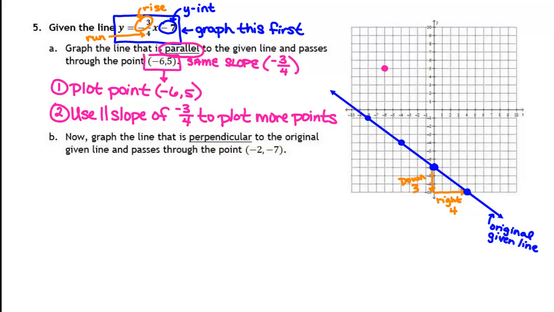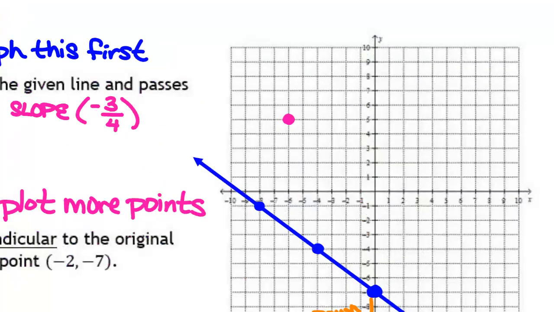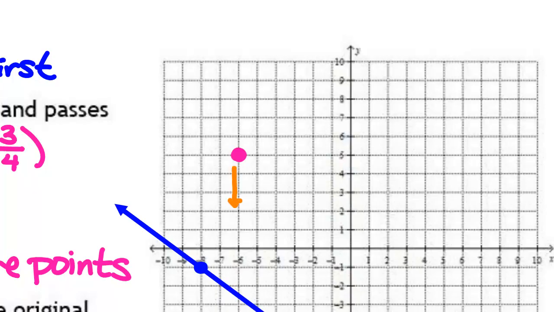I'm still going to do exactly what I did down here. I'm going to go down 3 and right 4. So from here, we're going to go down 3 and to the right 4, and we're going to plot our next point.